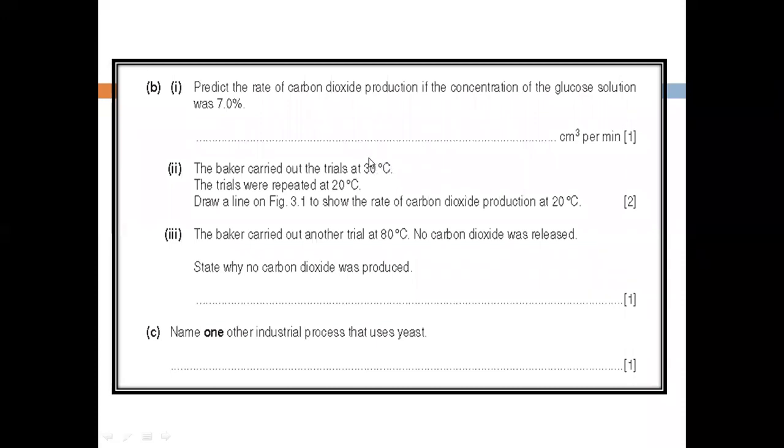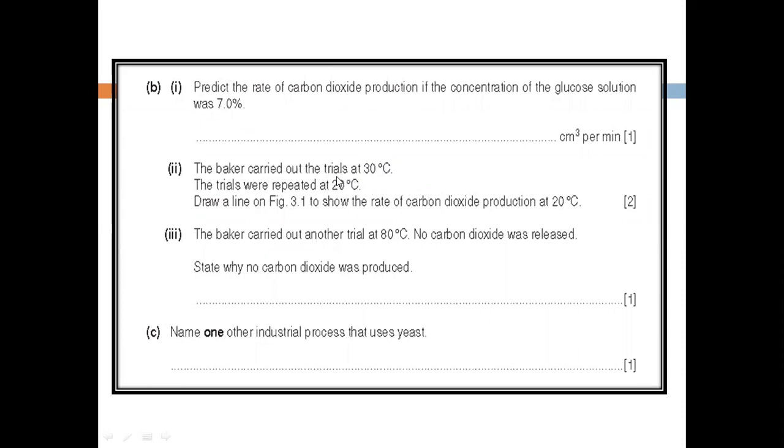If you increase the temperature up to a specific limit, the rate of reaction will increase. If you decrease it, the enzyme activity will be affected and the rate of reaction will decrease, because temperature increases the kinetic energy of molecules. More temperature means more collisions between enzyme and substrate, while less temperature means fewer collisions and less chance of converting substrate to product.